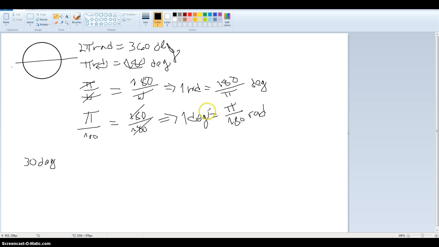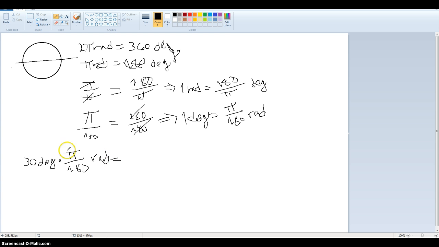We want 1 degree in radians, so we use this: pi over 180 rad.